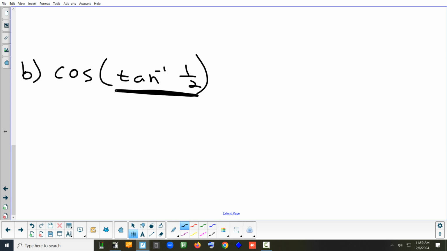So let's go through it and see what happens. What trig function do we usually start with? Which position, the outer or the inner? Yeah, the inner. So let's start with the inner. And it's inverse trig.